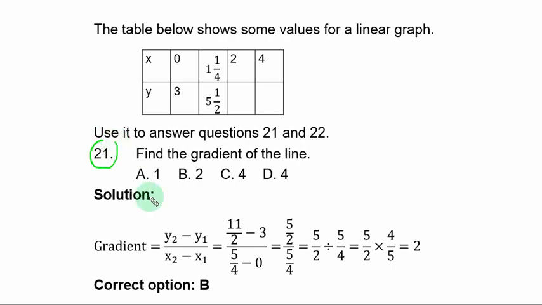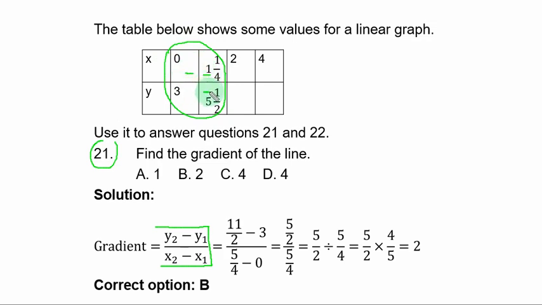The gradient or slope is simply the ratio of change in y to that of s, and that change is expressed as y2 minus y1 over s2 minus s1. We have to use these two complete points. So this is s2 while this is s1.